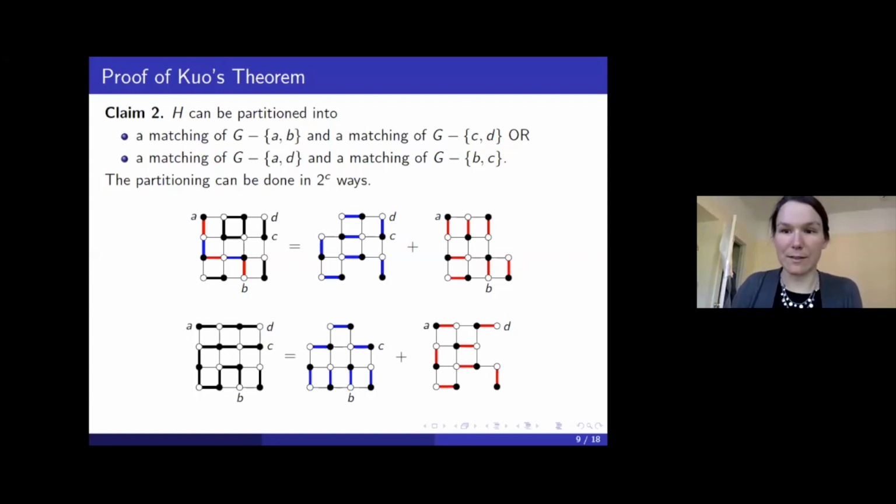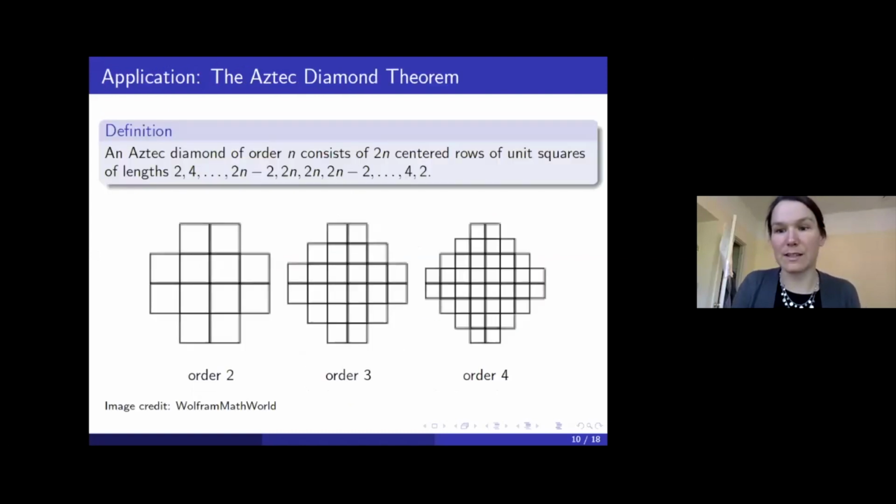So I said that this was a powerful technique for enumerating matchings, and the reason is because we've basically proven a recurrence. So in some cases we can use this type of recurrence and induction to prove a closed form for the number of matchings of a particular type of graph. An example of this is the Aztec diamond theorem.